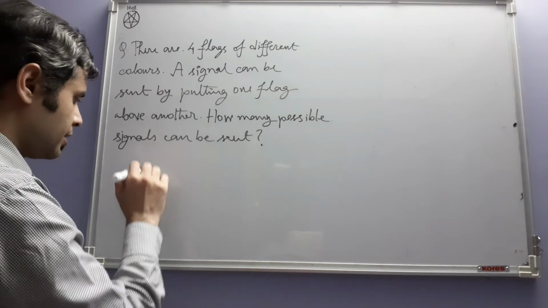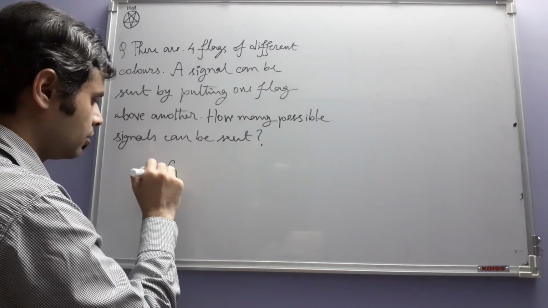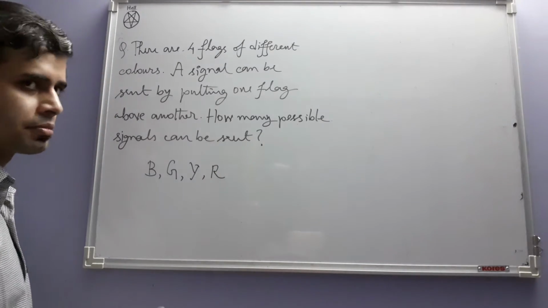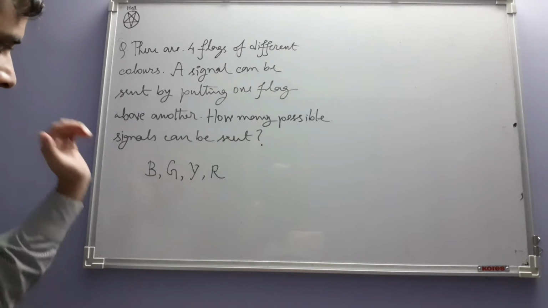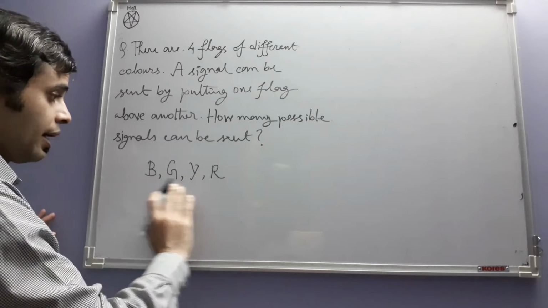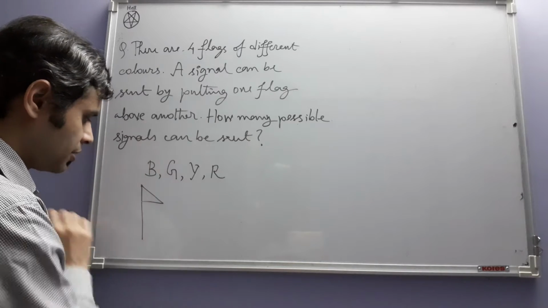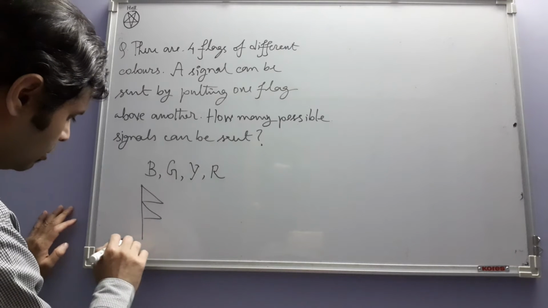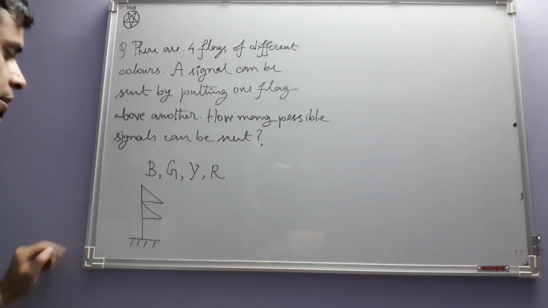So what this says is that, say you have 4 flags, blue, green, yellow and red. The colors don't matter, as you already know. The objects themselves, their nature does not matter. Their number matters. So it looks something like this. On a vertical pole, you can put them one above another.